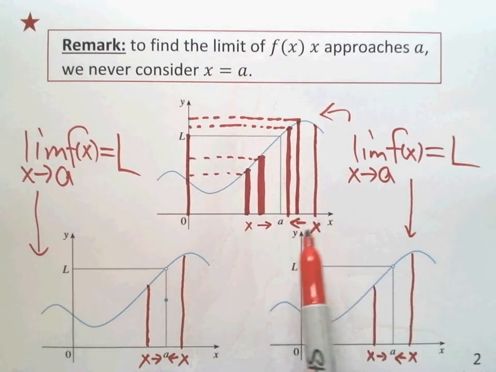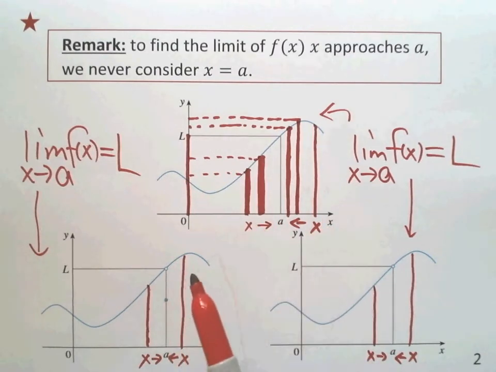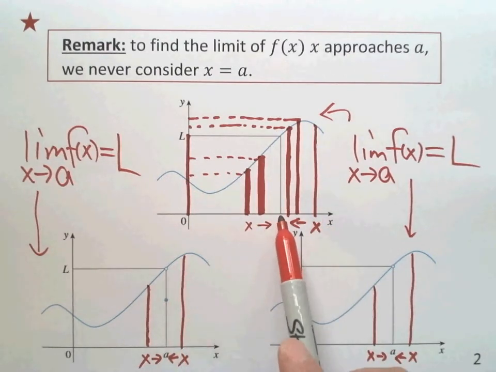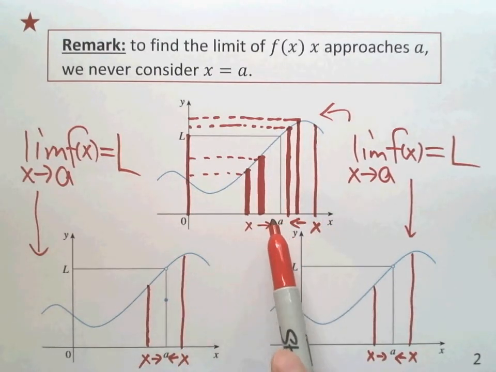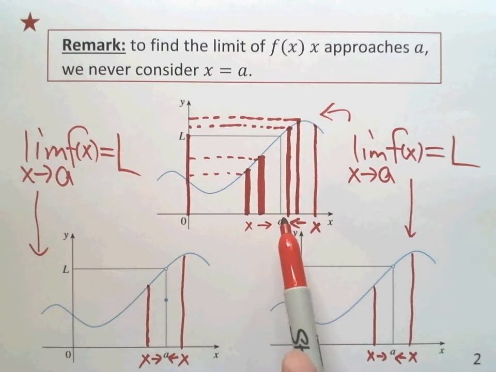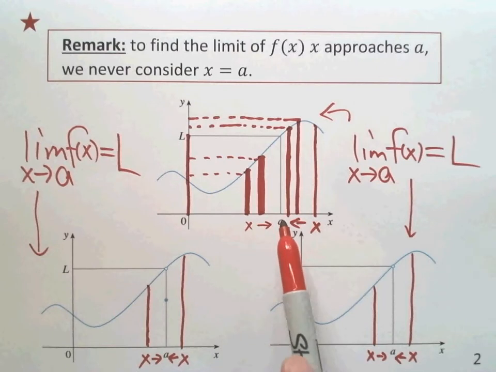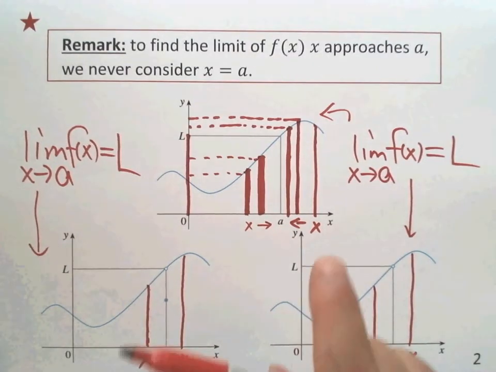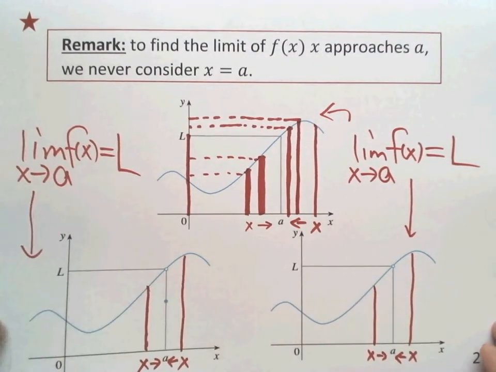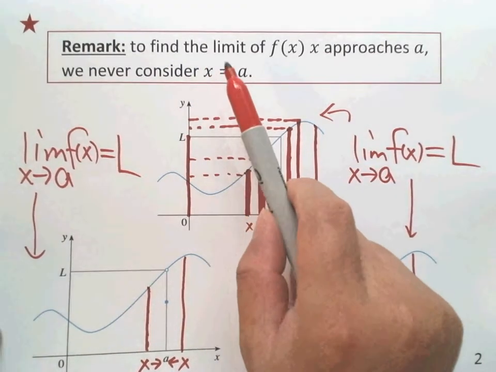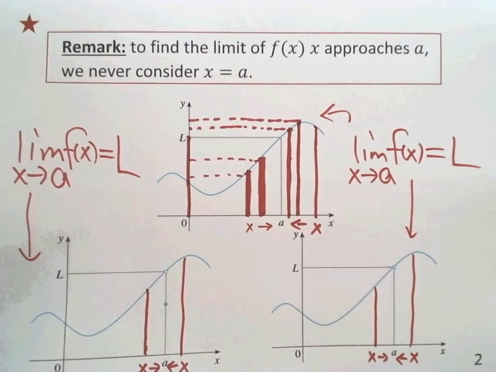All we need is to look at the neighbor, okay? Which means all the other values of x just near a, not including a. Okay, so this is a very important concept. The limit does not depend on the value of f at a.